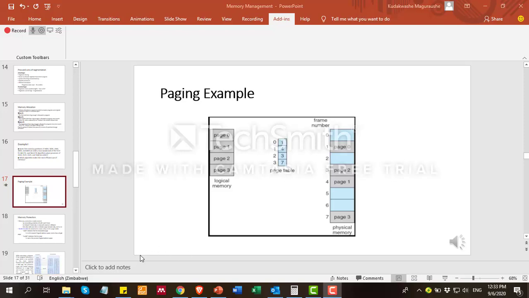Right. Last week we introduced memory management. We discussed the various techniques used by our operating systems to manage how memory is going to be used within our systems.